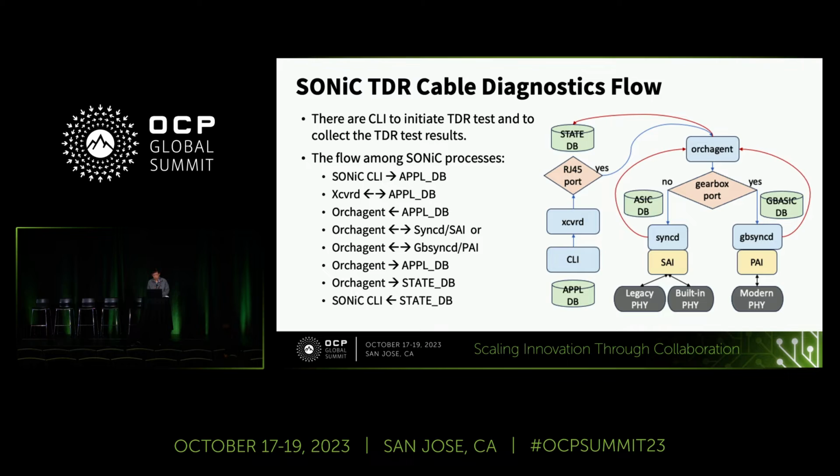The results will come back to the Awk agent, and the Awk agent will update both AppDB, so we know the command finished successfully or not, and also it will update the state DB. We would get the TDR result.